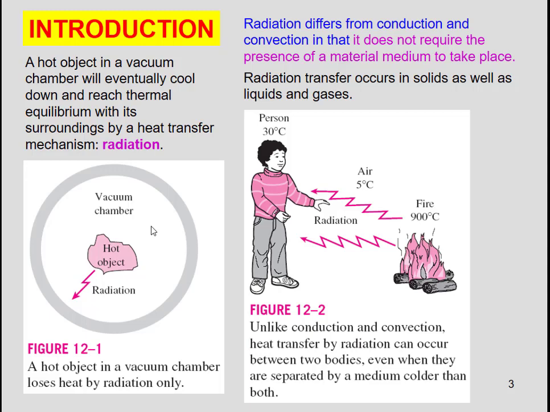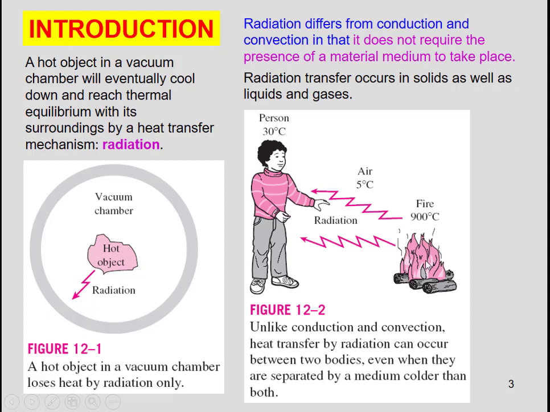And also you can see in these figures the differences between this type of heat transfer and convection and conduction. As you can see here, the temperature of the fire is about 900 degrees Celsius. The temperature of the person here is 30 degrees Celsius.